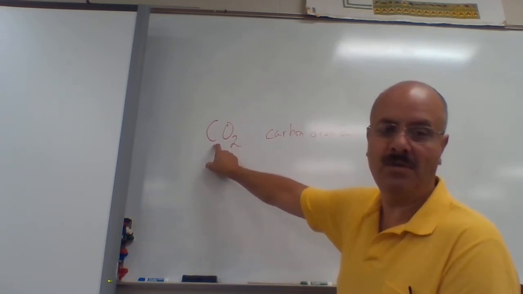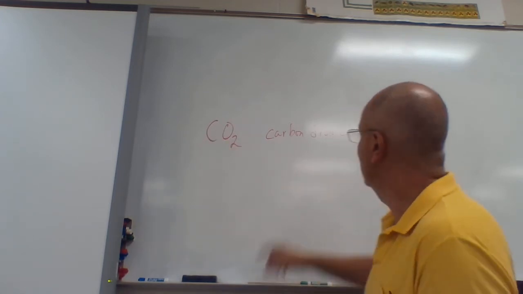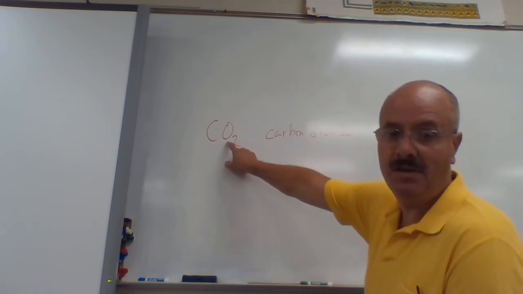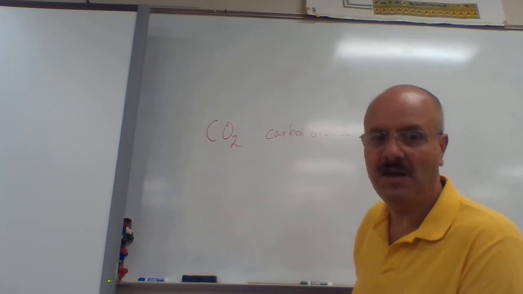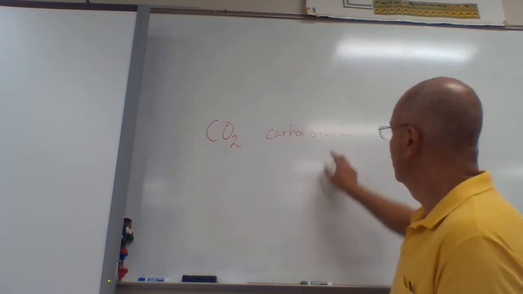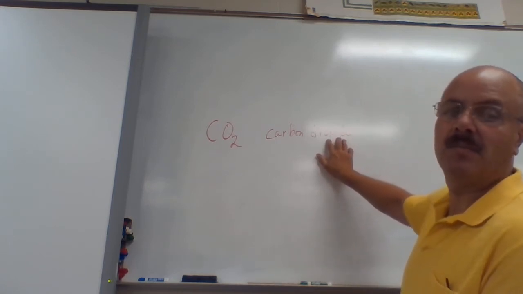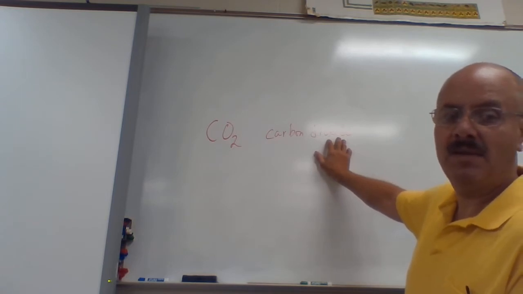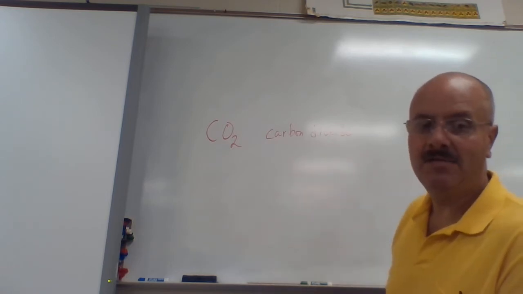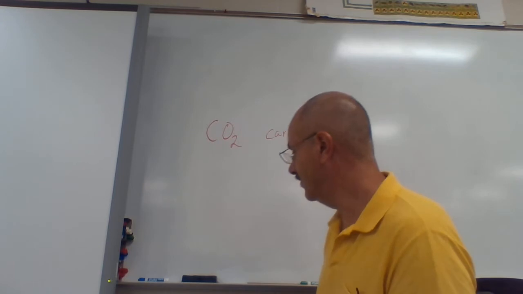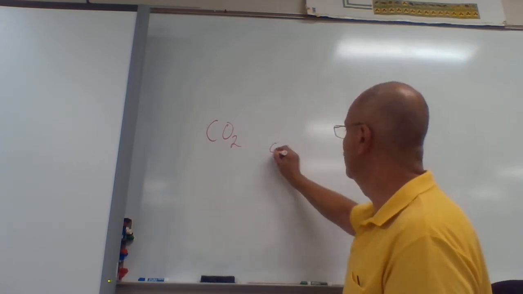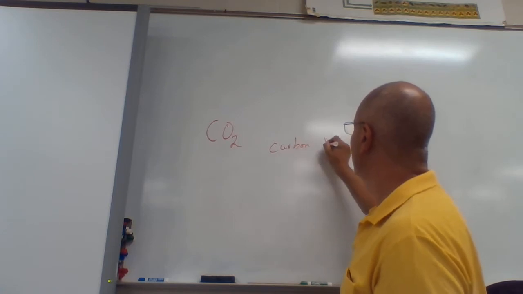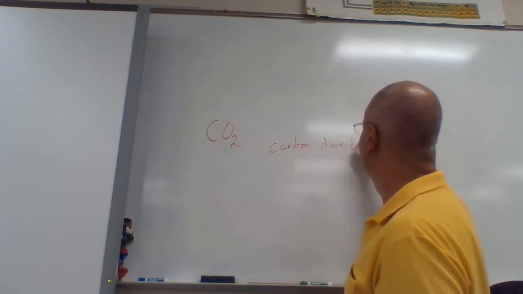All right, so if you look at that name, carbon is the first element. There's only one of it, so we just call it carbon. Then the second one is oxygen. As we learned in the ionic unit, we don't call that second one oxygen, we call it oxide. Notice that I put a di in front of oxide. I'm going to write it down a little lower so you can see it. Carbon dioxide.